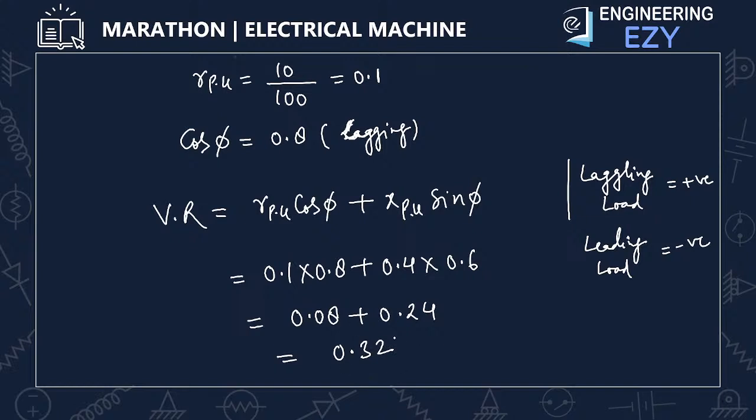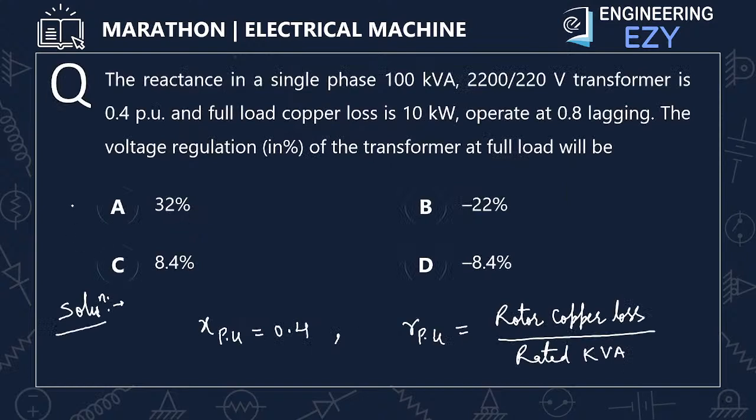In percentage form, multiplied by 100, you get 32%. Copper loss is given as 10 kilowatt and rated kVA of the transformer is 100, so R per unit is 10 upon 100, that is 0.1.